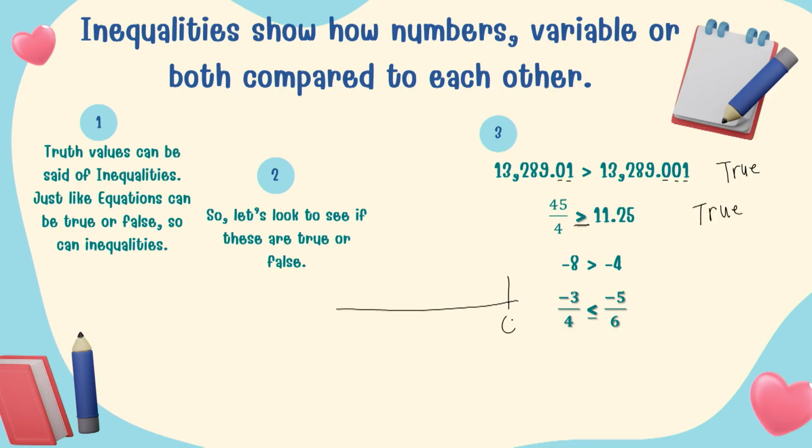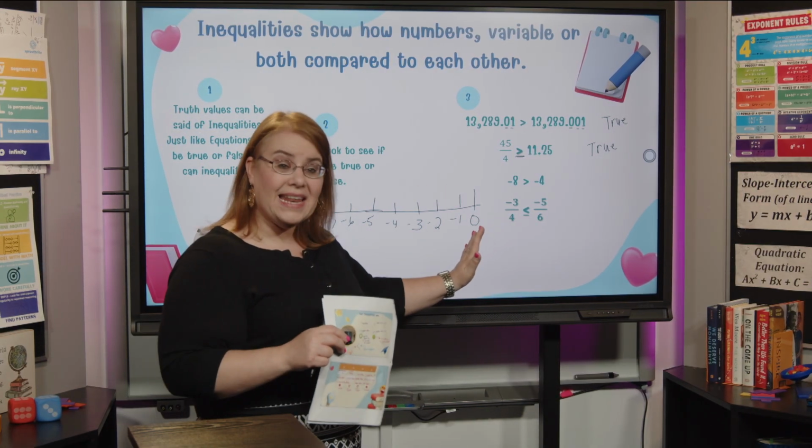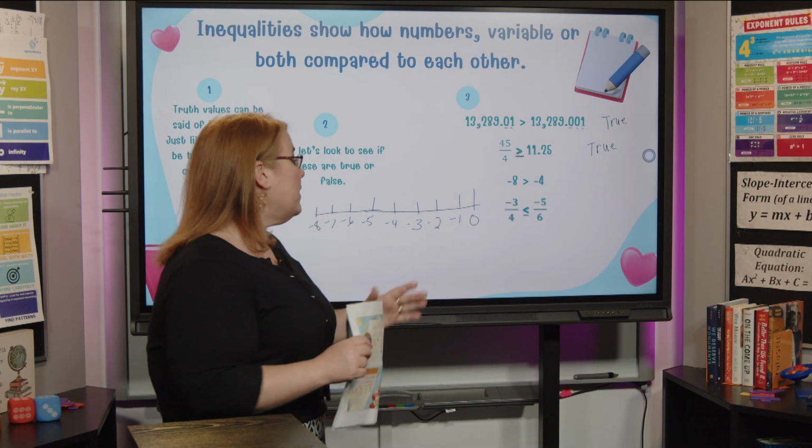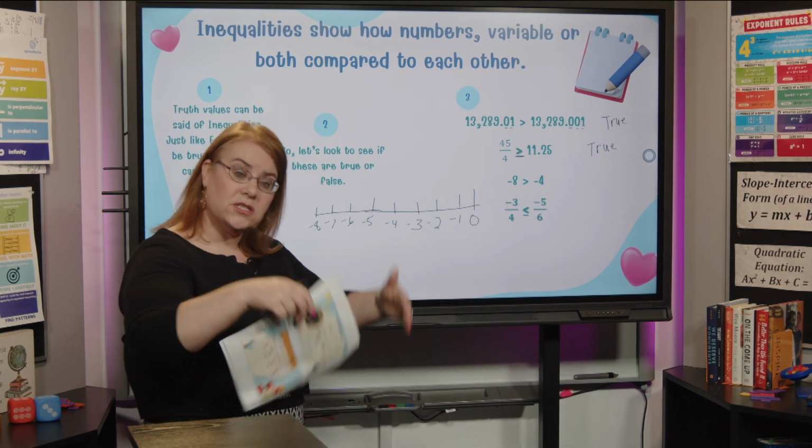So if I had 0 and I go backwards, -1, -2, -3, -4, -5, -6, -7, -8. So when we learned about negative numbers, we learned the closer to 0 with negatives, the bigger the number. When we talk about positive numbers, the closer to 0 with positive numbers, the smaller the number.